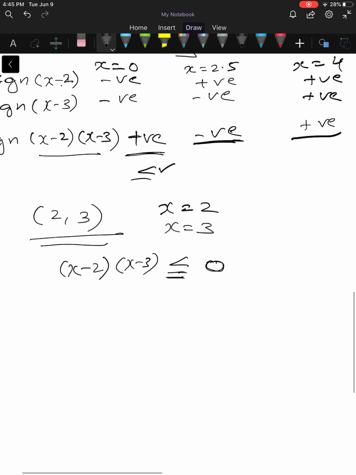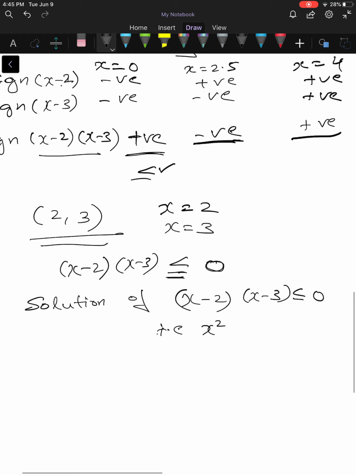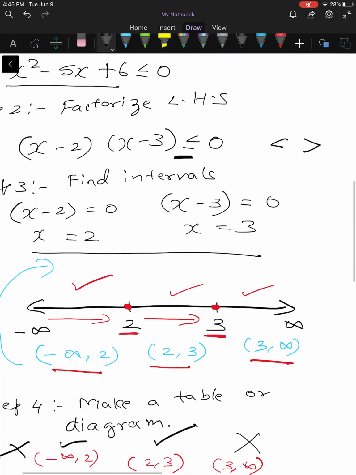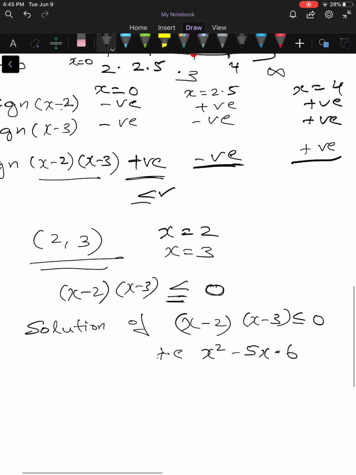Therefore, the solution of x minus 2 times x minus 3 less than or equal to 0, that is, what was that? x square minus 5x minus 6. Am I right? Sorry, plus 6. Yeah. x square minus 5x plus 6 less than or equal to 0 is, what are all the permissible values of x? x such that 2 is less than or equal to x less than or equal to 3.